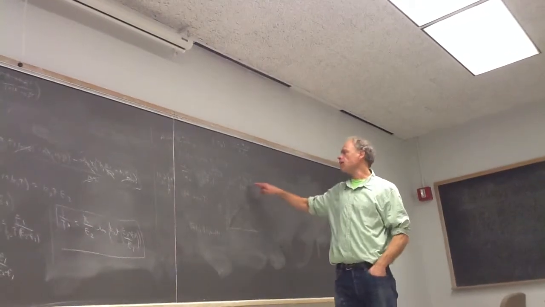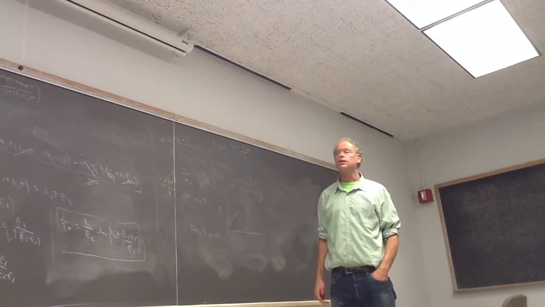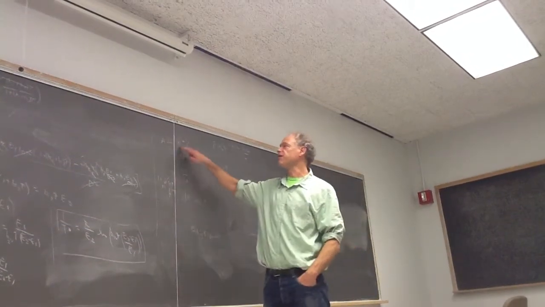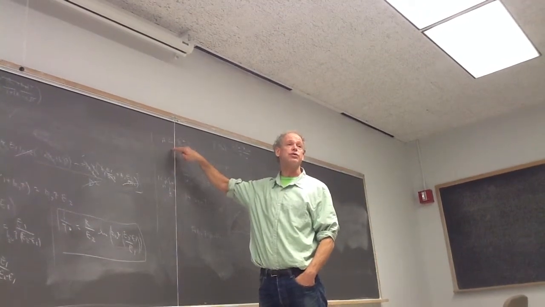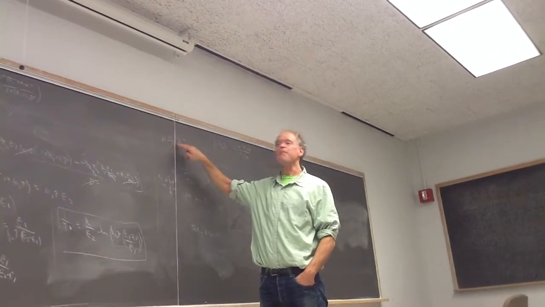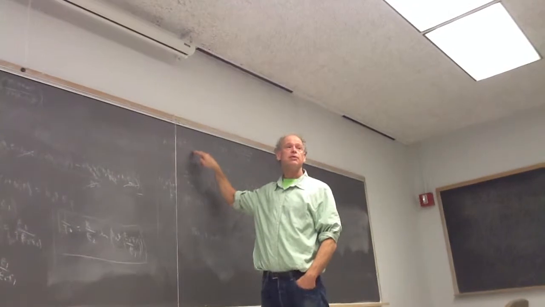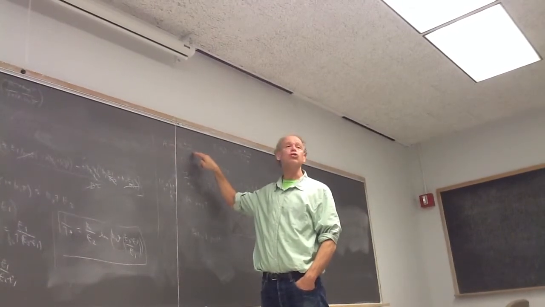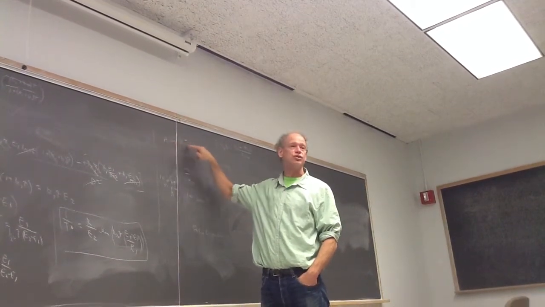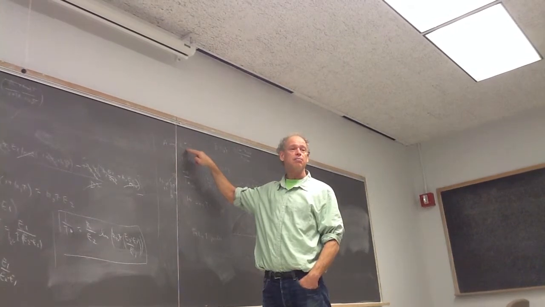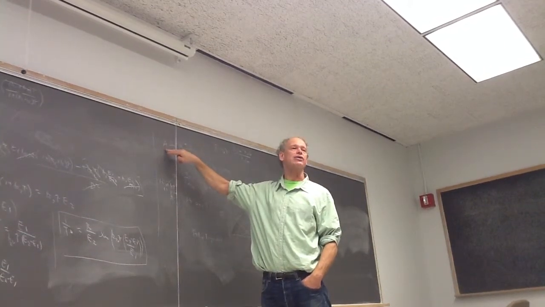On the other hand, if K1 is less than K2, then a high temperature is going to favor the second reaction over the first reaction. So that's bad. But a low temperature will favor the first reaction over the second. But if it's too low, I won't get any reaction at all.